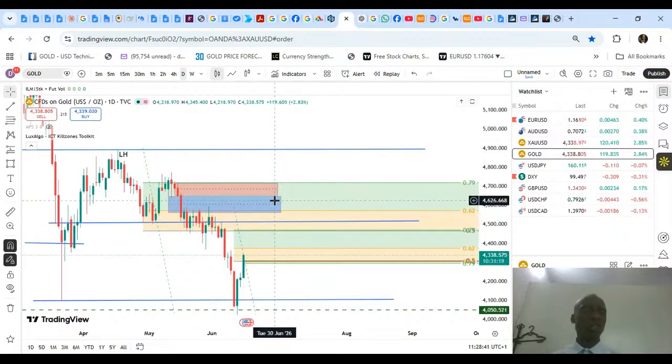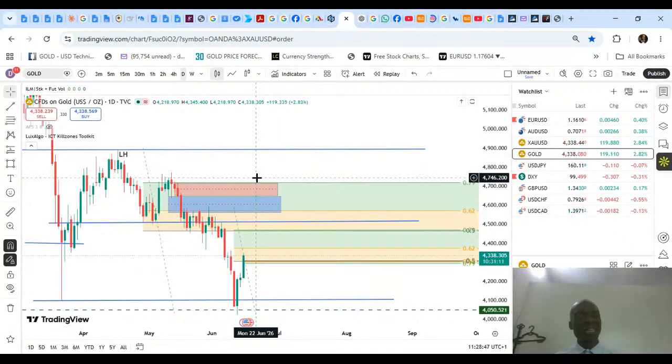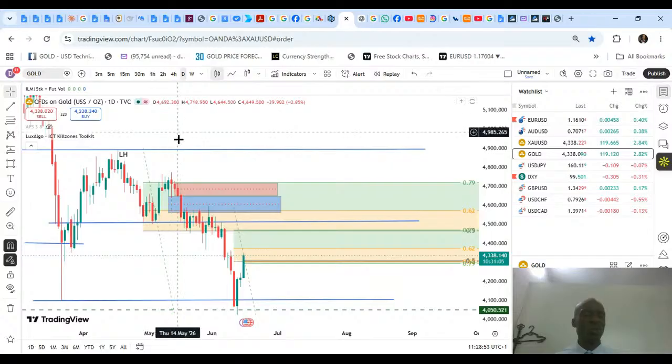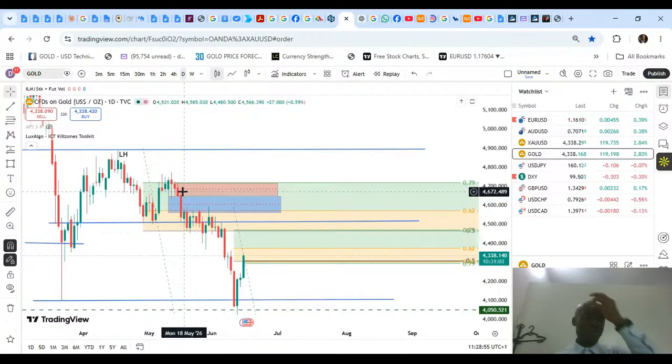But since we don't trade with the daily time frame, the daily time frame is actually to give us an idea of where we are going. So we now begin to look in the lower time frames to identify areas of entry.